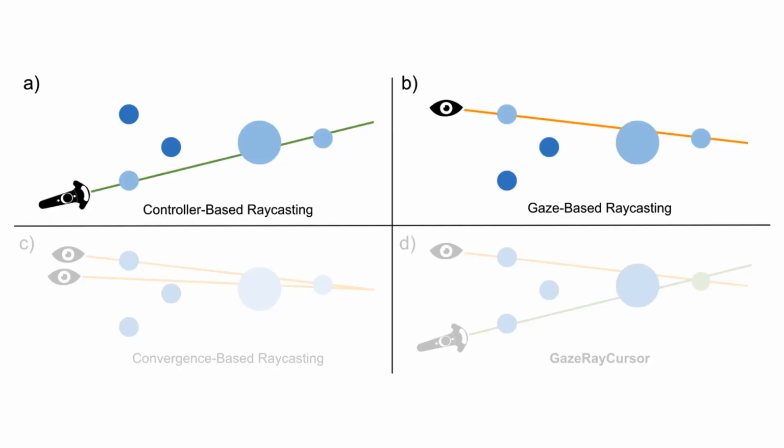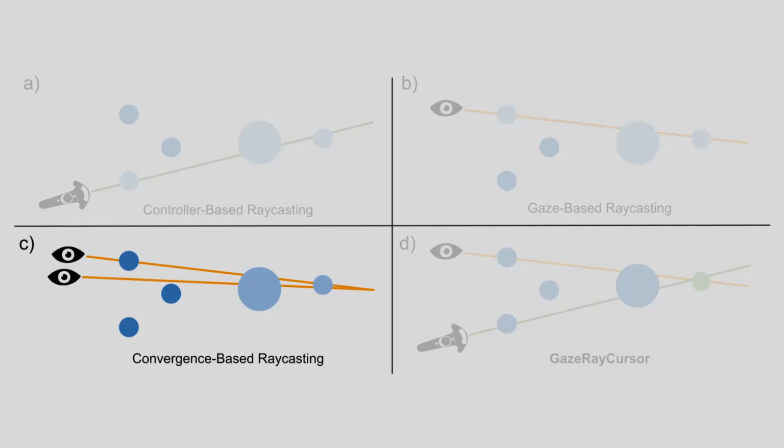So we know that when using only a single controller ray or a single gaze ray for selection, the ray can intersect multiple objects, which makes the selection ambiguous, right? Now, one method to reduce ambiguity would be to use the convergence of the left and right gaze rays, because now that we have two rays, both of these gaze rays would fall on or near the object that we want to select.